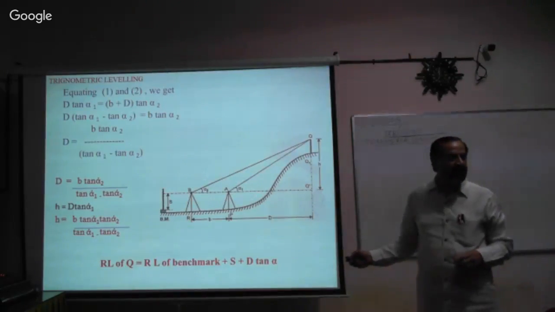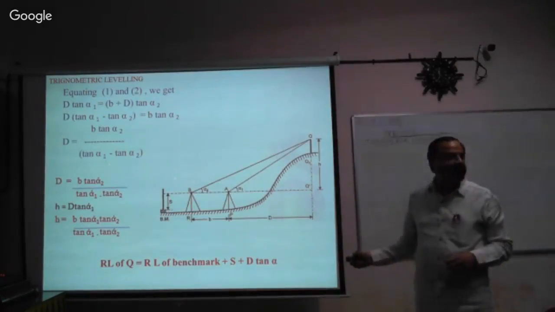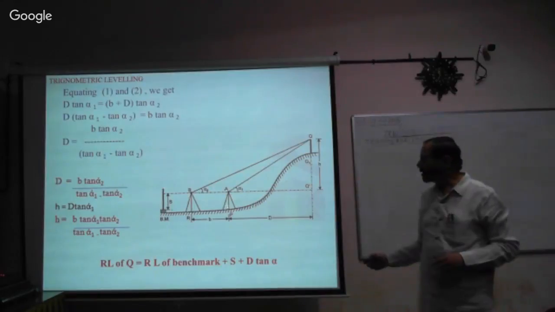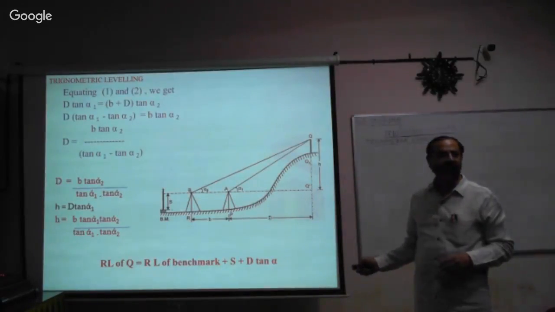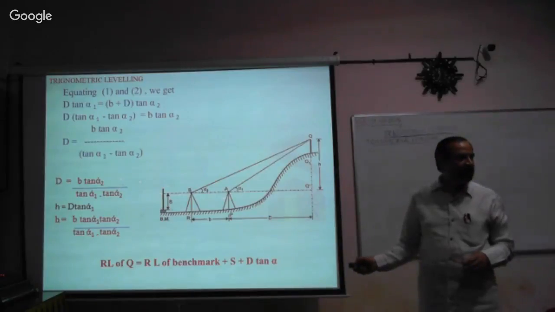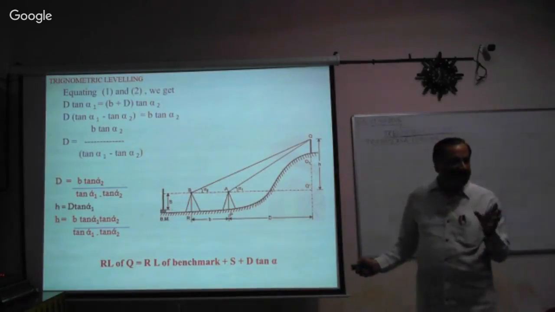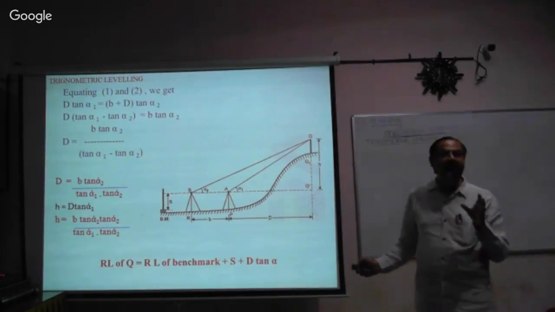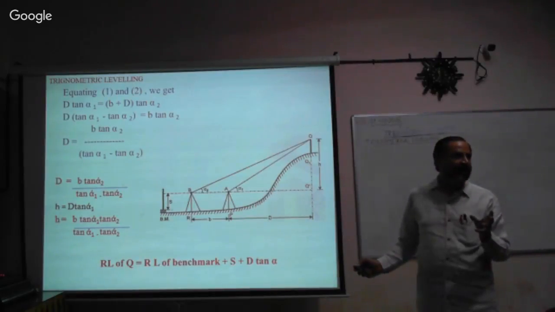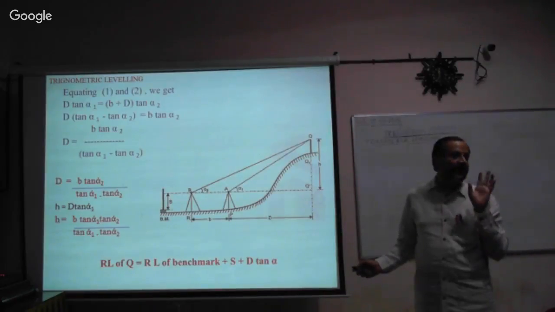Do you know about it? Is it easy to get this situation? To make both stations, station 1 and station 2, have the line of sight in the same line, can you do it? No, it needs more time. You can do it, but it needs more time, isn't it?